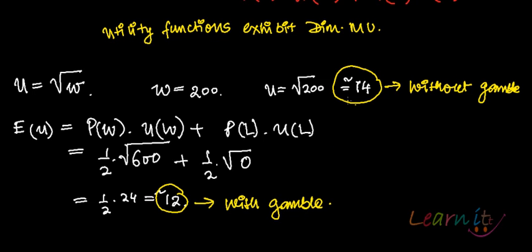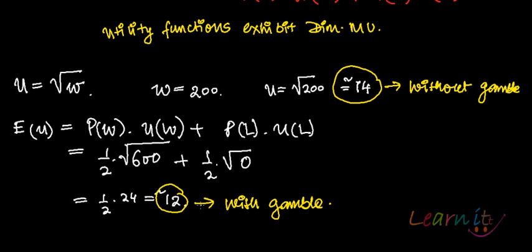You're clearly better off without gamble. But this is all because of the kind of utility function which you have assumed. We'll be talking about other utility functions also. But this is one of the characteristics of the risk averse individual. He is better off without gamble. His utility is better off without gamble.